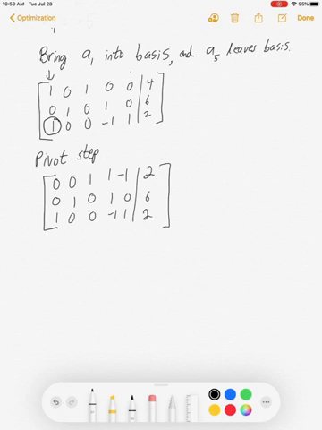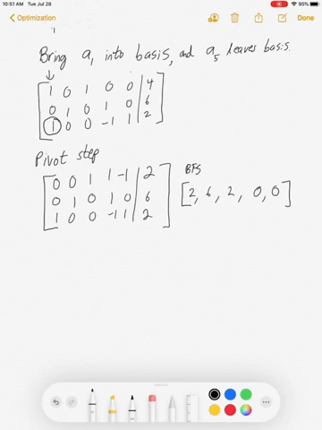Okay, so we do our pivot step, we get this new matrix. The associated basic feasible solution is, well, we have zeros in the rows that don't correspond to the identity matrix. And then we're going to have 2, 6, and 2 as our other entries.